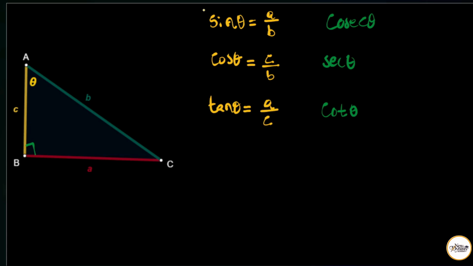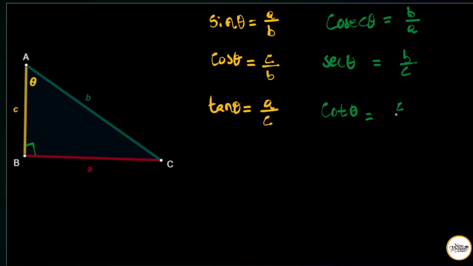Now, if you have written the main trigonometric ratios, it's always easy for you to write the ratios of the reciprocals. Because for the ratios of the reciprocals, you just invert or flip the fraction over. So the cosec definition here is going to be B over A, and the sec is going to be B over C, obviously.